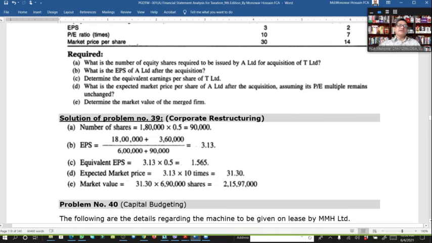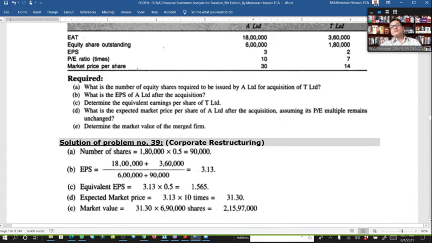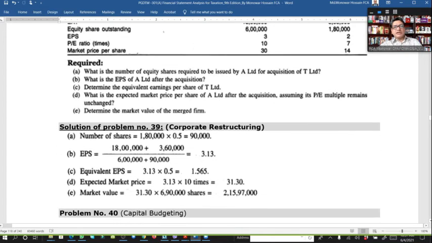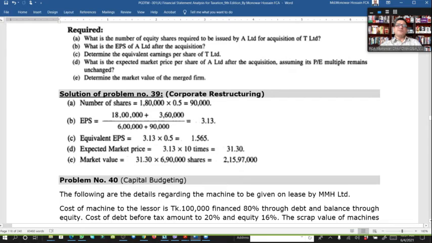And if we see part C, determine the equivalent earnings per share of T Limited. Previously the earning per share of T Limited was taka 2, but now its earning per share comes to 1.565. How does it come?